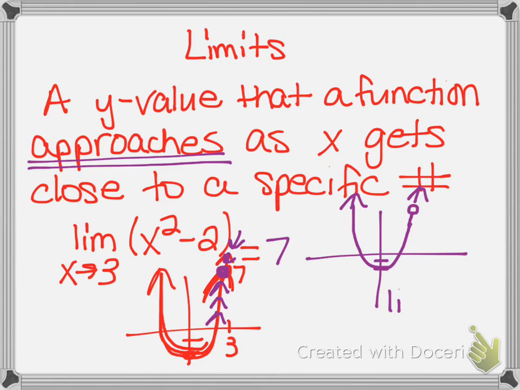I can still calculate the limit as x approaches 3 of that function. Because the limit doesn't care if the point actually exists, because that's not what it's asking me. It's not saying, what y value do you hit when x actually is 3? What it says is, as x gets close to 3, what y value are you getting close to? And so the answer would still be 7.